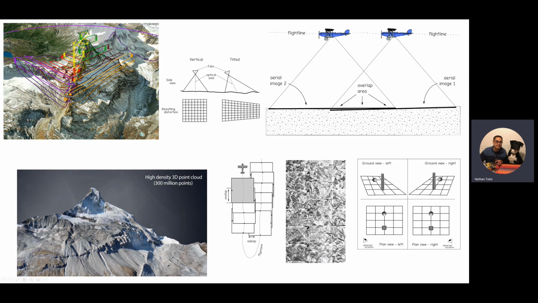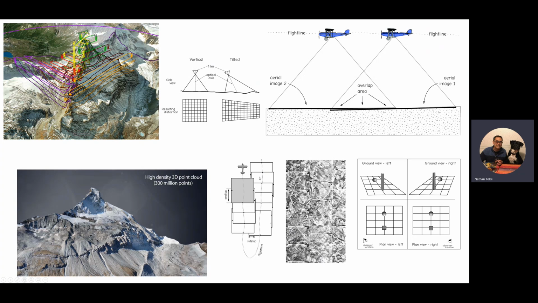That means there are areas of overlap between the photos. If we have more than 50% overlap, then we have two photos covering every part of the land surface. The really cool thing about this is that with two photos from two different locations, what we call stereo pairs, you can extract 3D information because we're seeing things from two different angles. And so we can use that to map things in 2.5 dimensions, essentially.